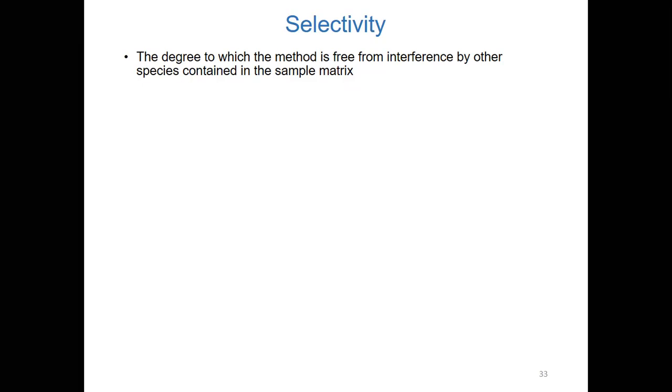So if the method is free from interferences by any other substances present in the sample matrix, we can tell that, okay, this method is highly selective to determine analyte A, right?